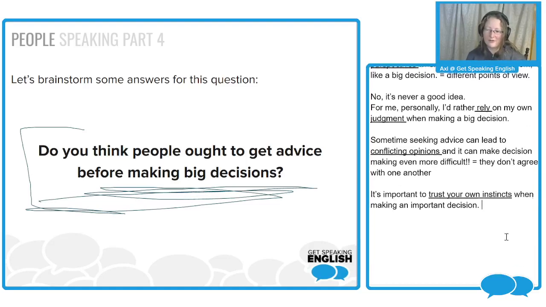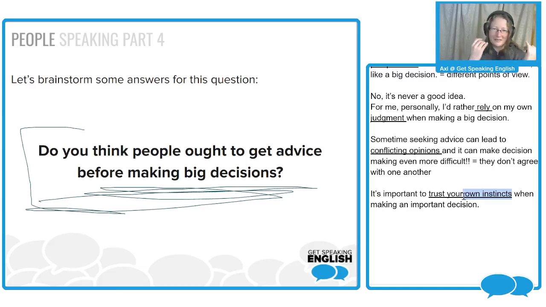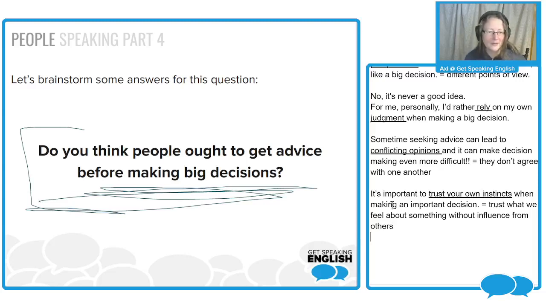So if we're trusting our own instincts, that means we are trusting our intuition, our gut feeling, so what we feel about a situation instead of what other people tell us. So trust what we feel about something without influence from others, right? So we put that ahead. We gotta trust what we think. Yeah. So those are great ideas.